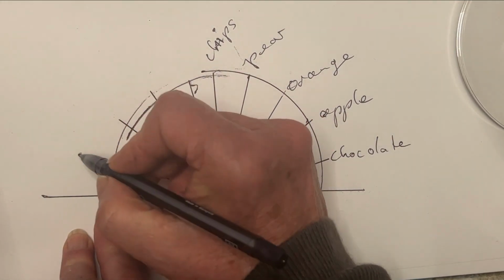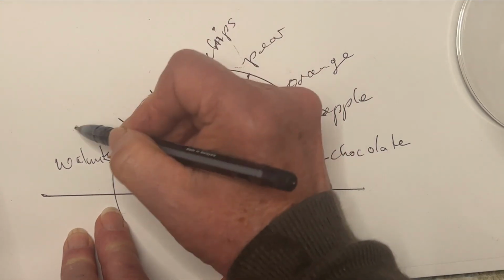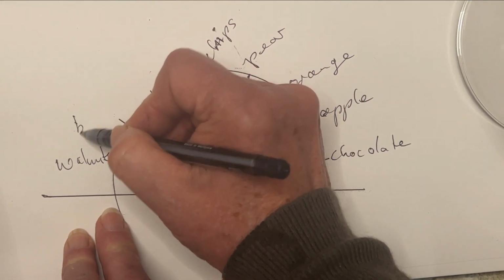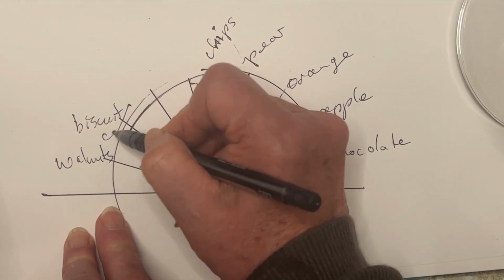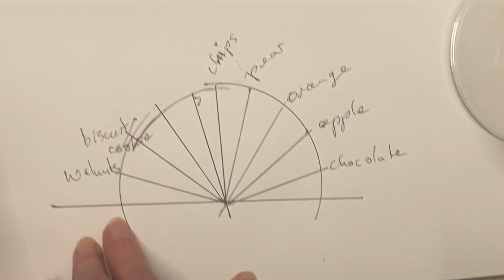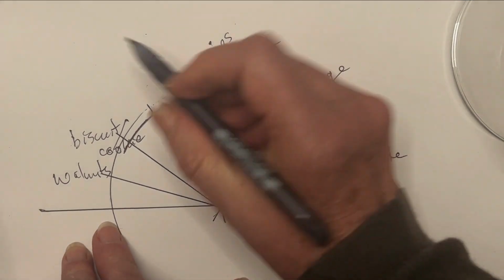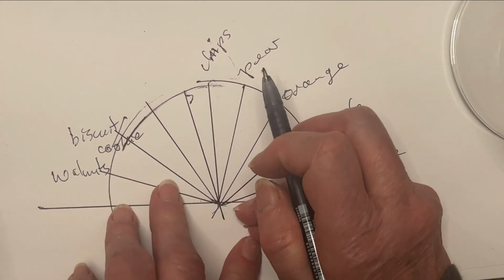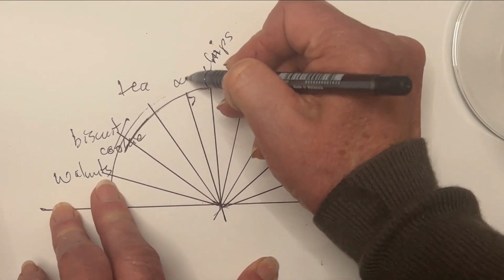What else? Walnuts, biscuit, or I suppose American friends would call that a cookie. Oh, yeah. All right. Then what else will we call here? Let's just say tea and coffee.